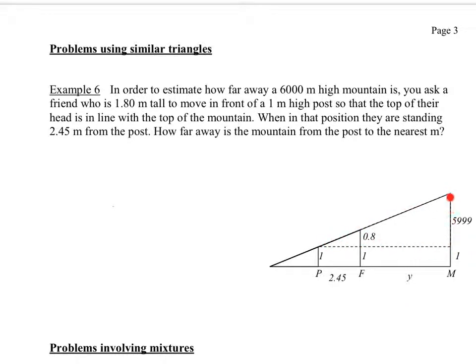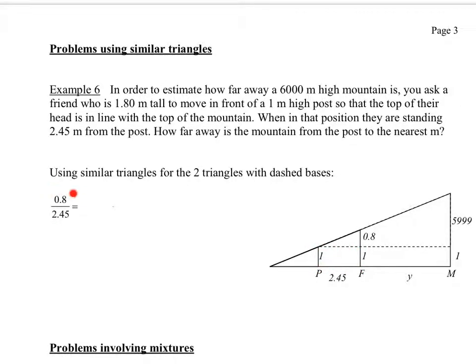Now, because they're similar triangles, we should be able to set up an equation in terms of two ratios. We take the small triangle, that's this triangle here, and we look at the 0.8 divided by this side here, which is the same as this length down here, 2.45.